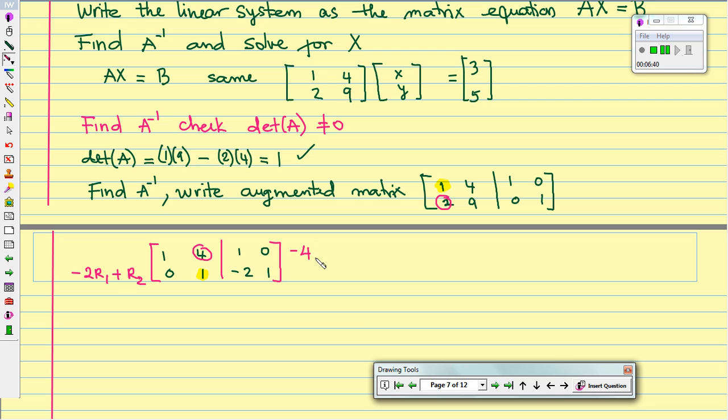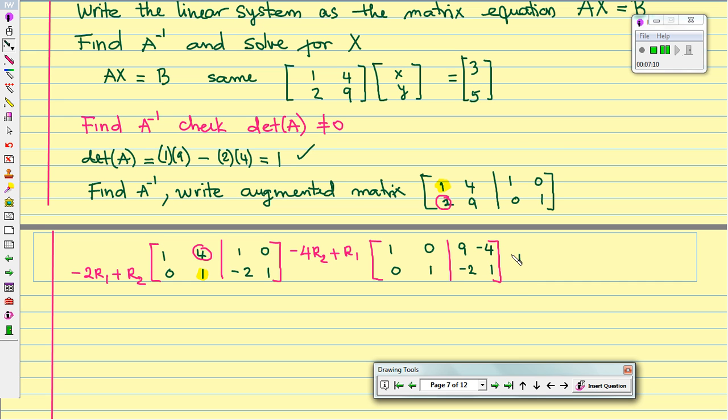So we will take -4 times row 2 plus row 1, that will be the new row 1. So now we have 1, 0, 9, -4, 0, 1, -2, and 1.